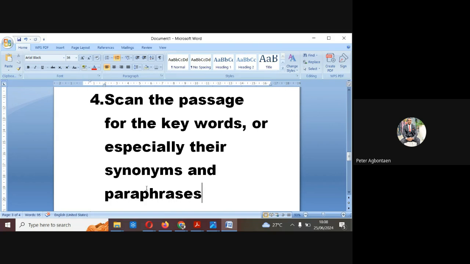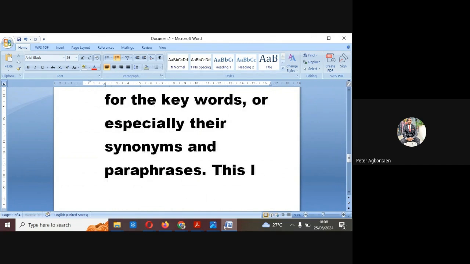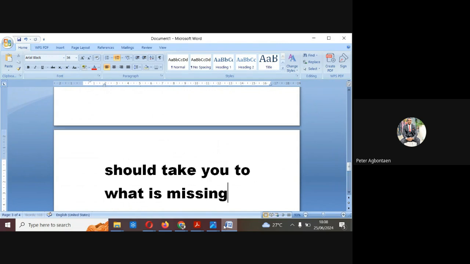So the next thing that you've got to do is that, from what I have said, checking for the keywords in the question and comparing them with their counterparts in the passage should take you to what is missing.